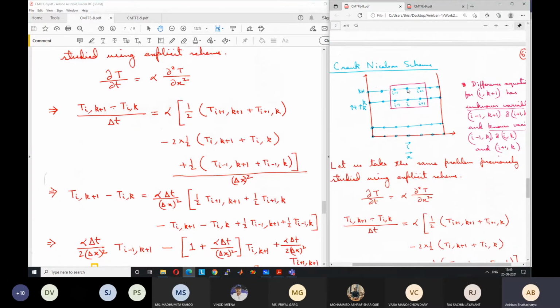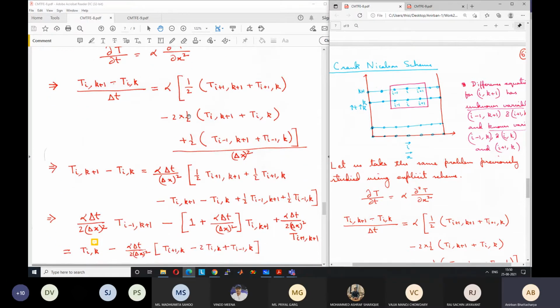I am trying to find this temperature value, Ti at k plus 1. This is the value we are trying to find. But we also have these two unknowns in the equation. And we have these three temperature values, Ti minus 1 at k, Ti at k, and Ti plus 1 at k. These are all known. So three unknowns and one equation. We cannot directly solve this. I will come to the solution process, but let us first look at the algebraic rearrangement.